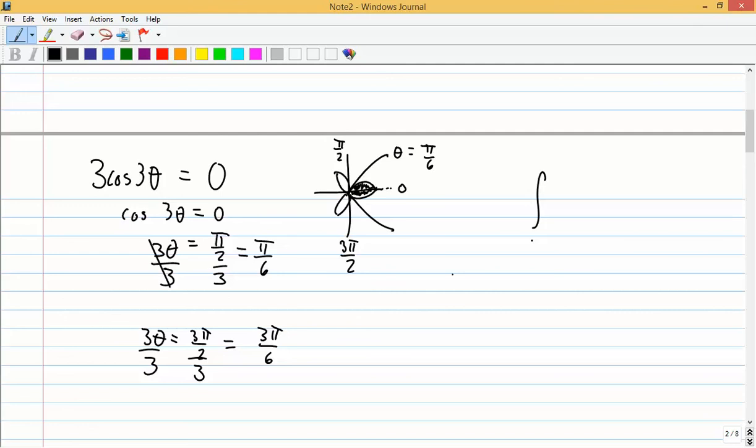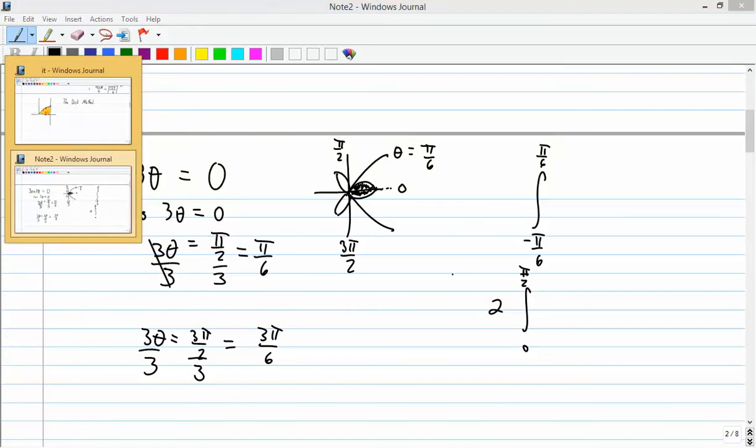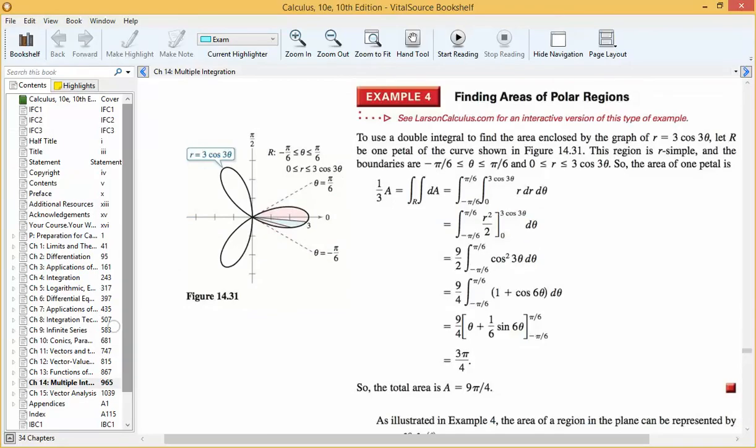And so your integral, you can go from negative pi over 6 to pi over 6, or you can say 2 times the integral from 0 to pi over 6. Either one of those will be okay. But that's going to be, you just put that constant out in front of your double integral.